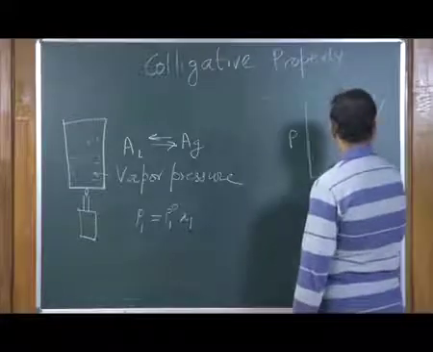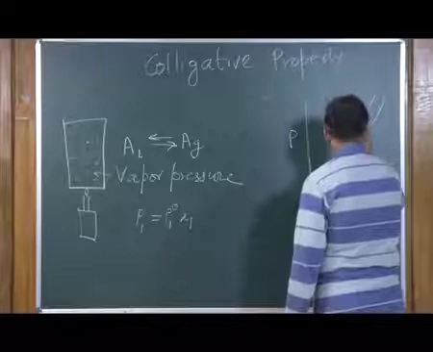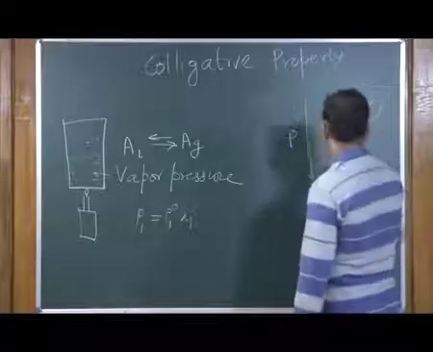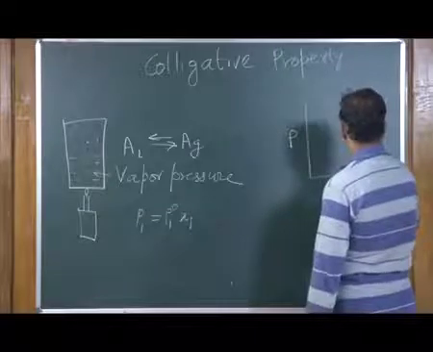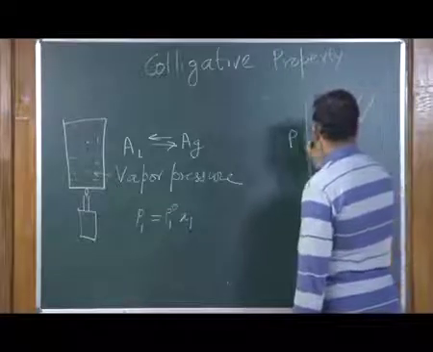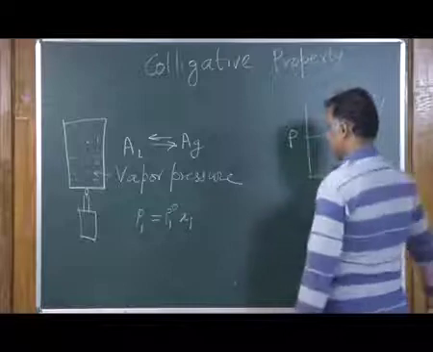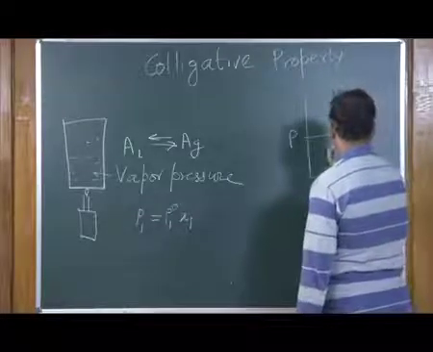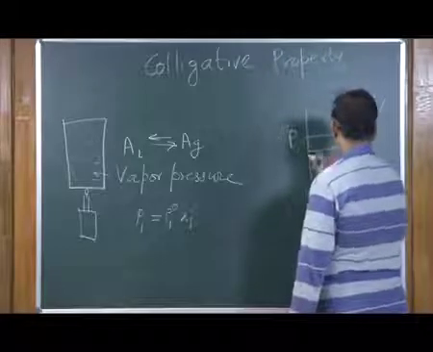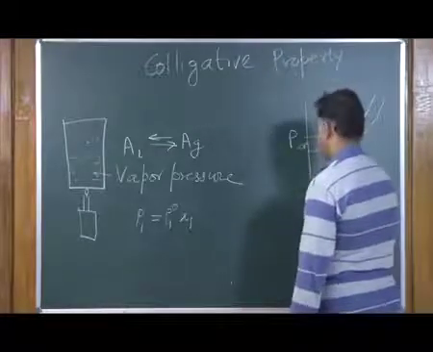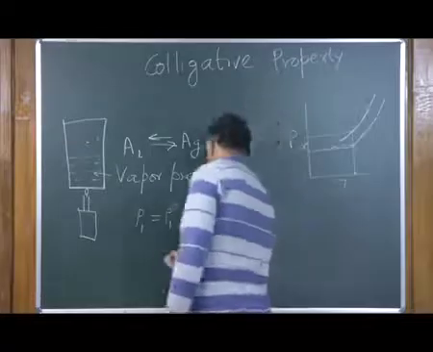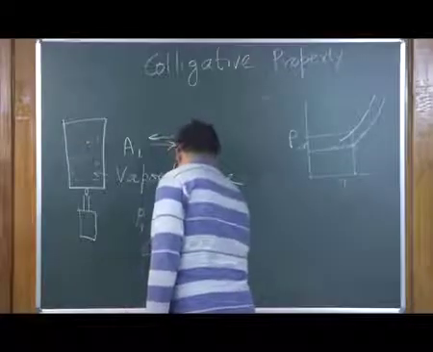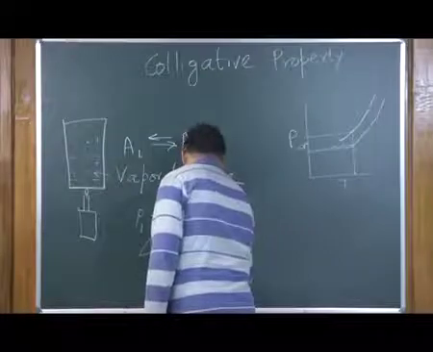Let us say I was at this temperature. For pure solvent, this is the vapor pressure. As I added some solute, now the new vapor pressure is this, and this is basically delta P, where delta P we have just defined as P1⁰ x2.